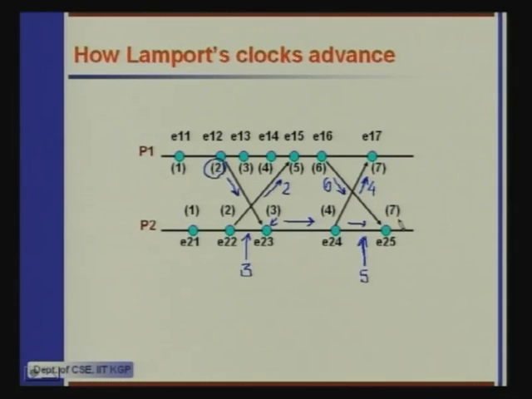Okay, but on this side this one only got 4, and from here the value of C1 was already 7. So the max of 5 and 7 will be 7, right. So this is how Lamport's clocks advance. Is that clear?